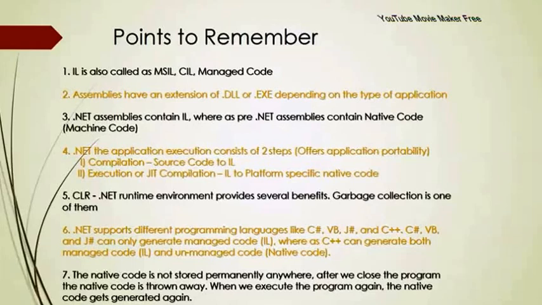C#, VB, and J# can only generate managed code, whereas C++ can generate both managed code and unmanaged code. The native code is not stored permanently anywhere. After we close the program, the native code is thrown away. When we execute the program again, the native code gets generated again.